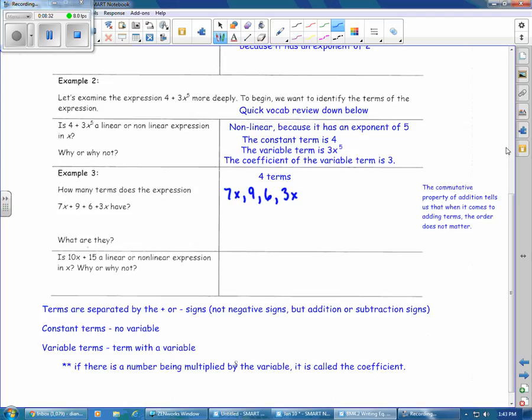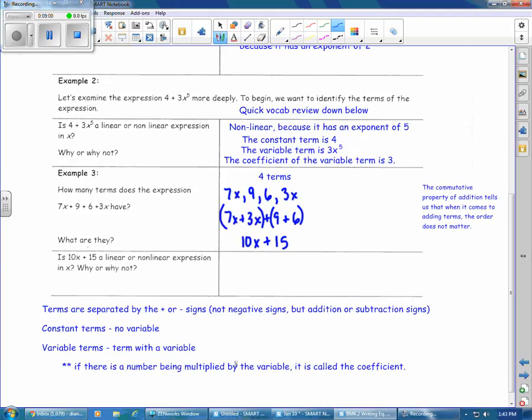So I could rewrite this as 7x plus 3x plus 9 plus 6, and I can group together those like terms to make it easier to combine them. So 7x plus 3x is going to be 10x. 9 plus 6 is going to be 15. So now I've just simplified my linear expression.